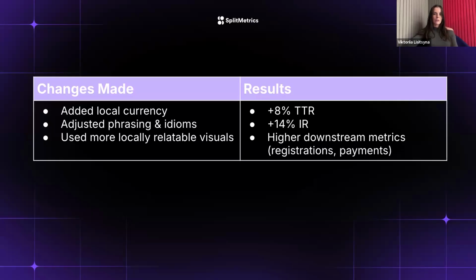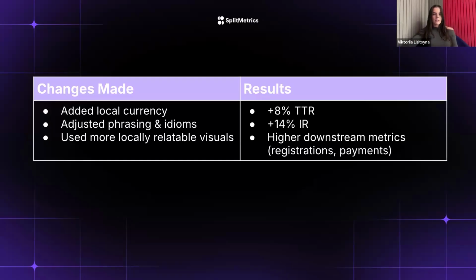And the users weren't just clicking and installing the app more, they were converting deeper. We saw improvements in the product metrics and on the higher levels of the funnel. It was great results, and we repeated the experiments in other countries and saw the same pattern one more time.